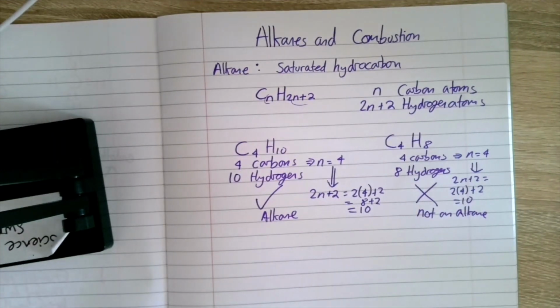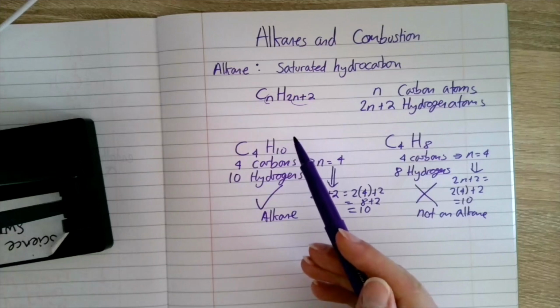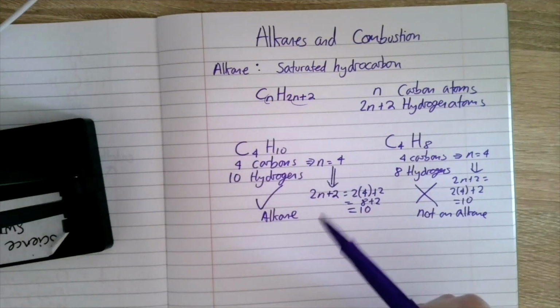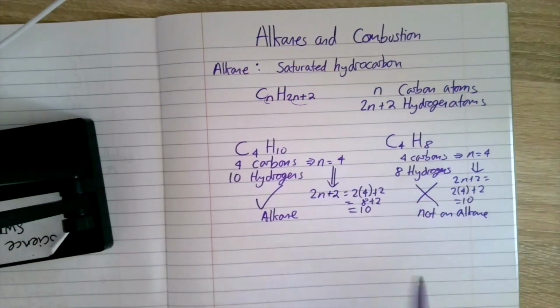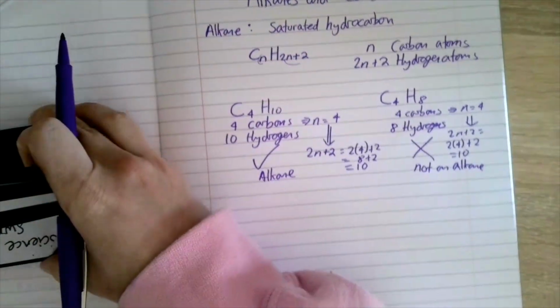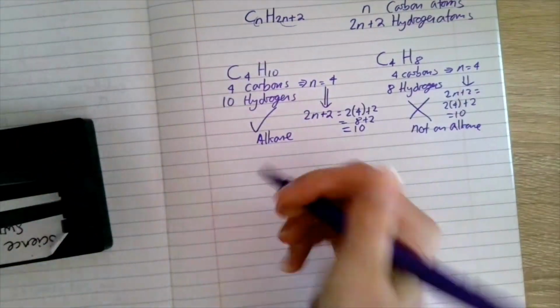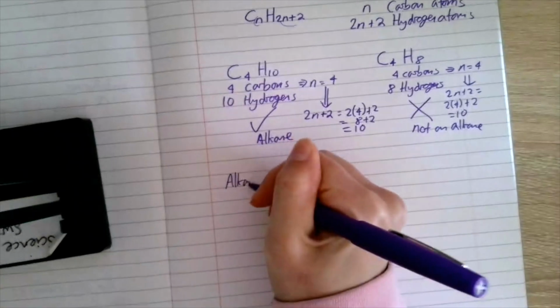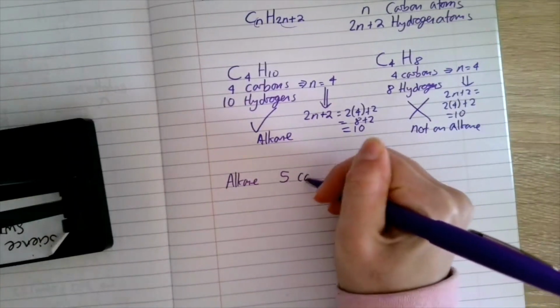So how we can calculate our numbers of hydrogen atoms or carbon atoms is by using our molecular formula. So for example, a question says, how many hydrogen atoms are there in an alkane that has 5 carbons?